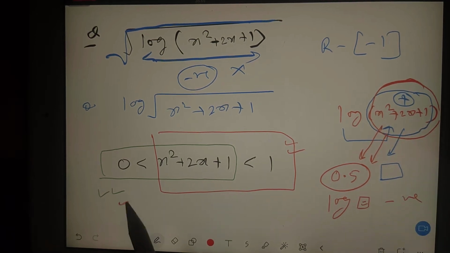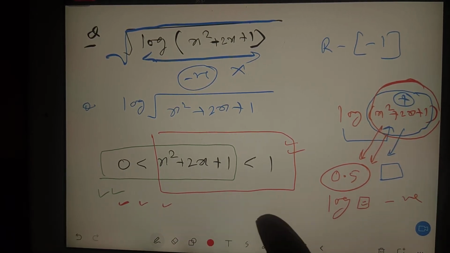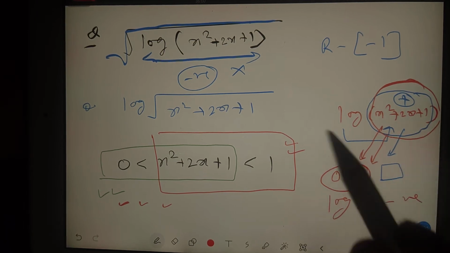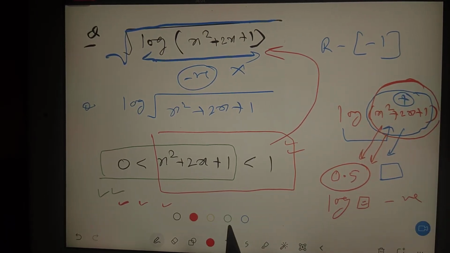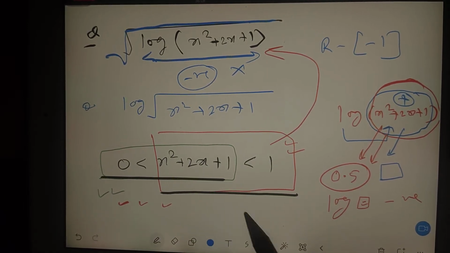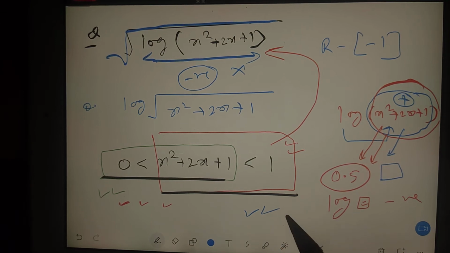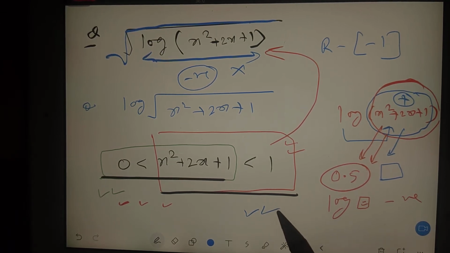Okay, and whatever will be the common answer, that will be my right set of domain for this question. Let's do that. Whatever is the remaining job, is only to solve for this and solve for this. In these types of problems, you will understand inequality also, how to solve inequalities. So for this, I am taking a new page.